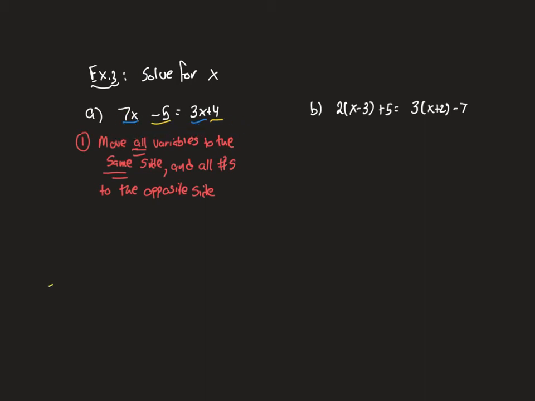So what I'm going to do is I'm going to move the 7x to this side. Now you could have moved the 3x to the other side. It's also the same thing. So I'm going to move 7x to the other side by subtracting 7x from both sides.